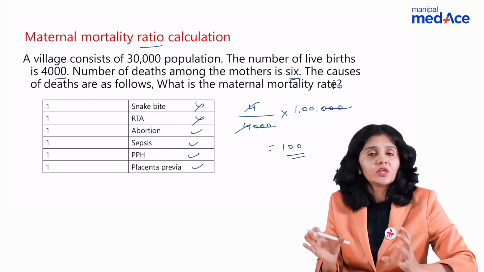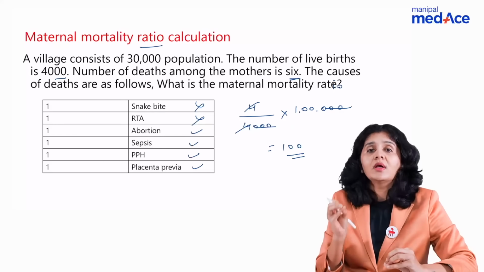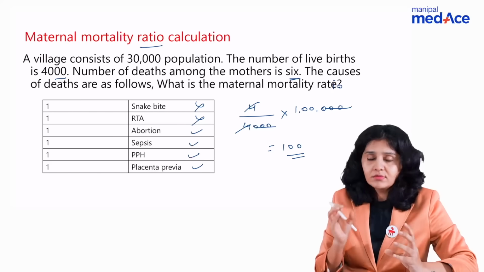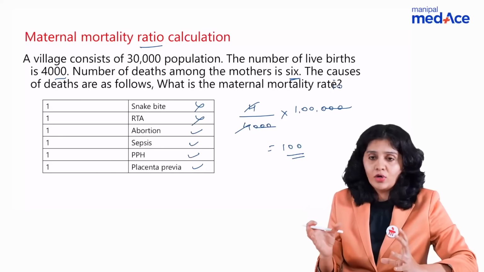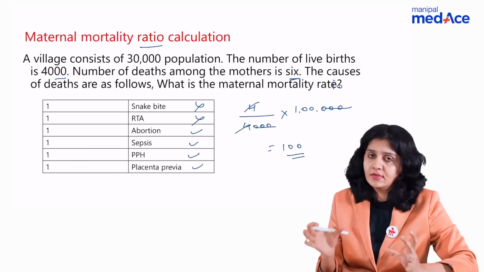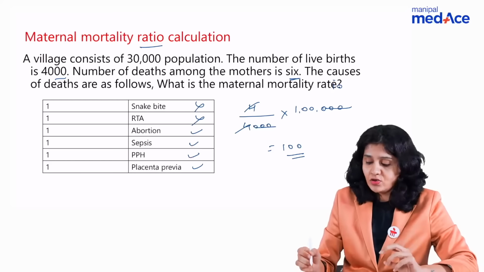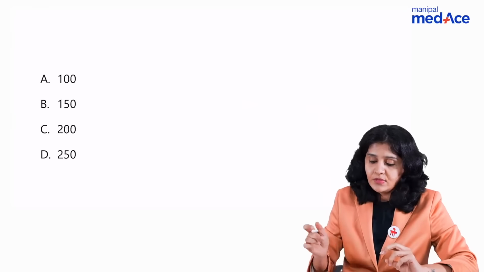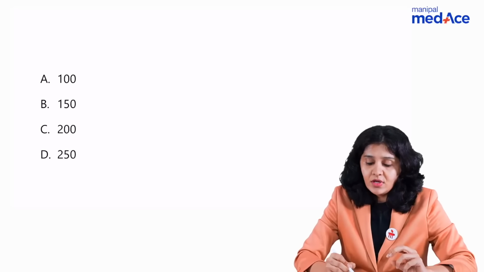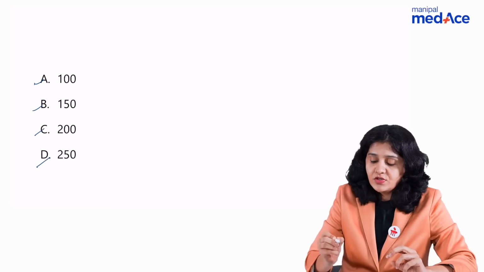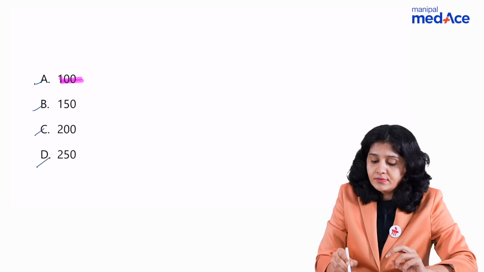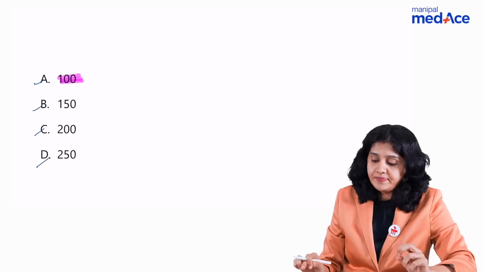Numbers may be different, but you should understand the concept. Okay. In the numerator, deaths which are directly related to maternal mortality, and in the denominator, live births. Okay, multiplied by 1 lakh. So the answer is 100. So 4 options had been given: 100, 150, 200, and 250. So what is the correct answer for this? 100. I hope you marked this correctly.